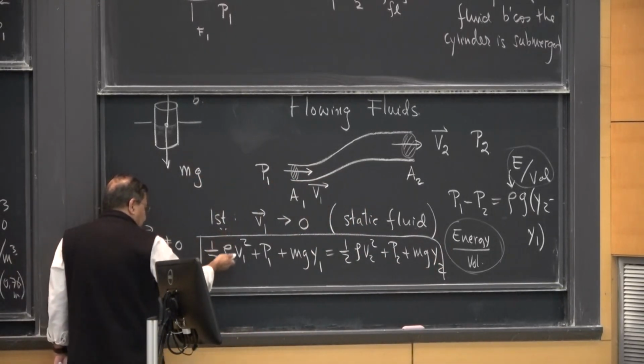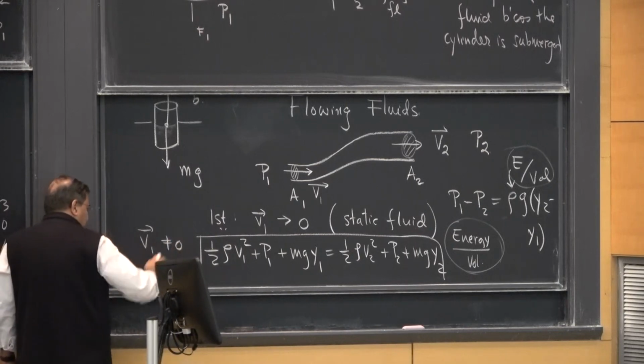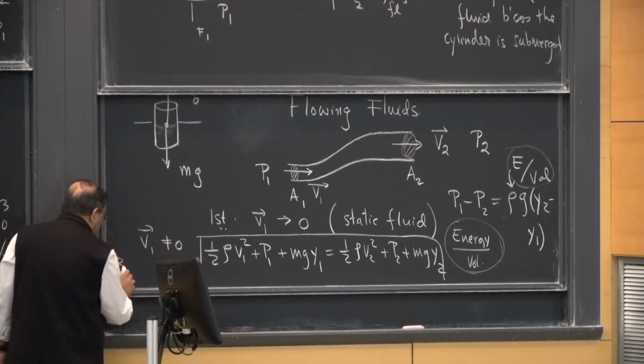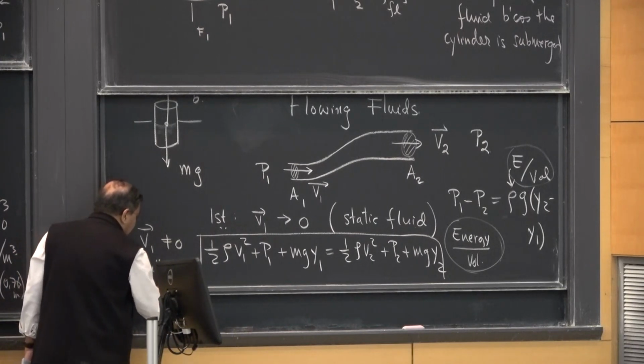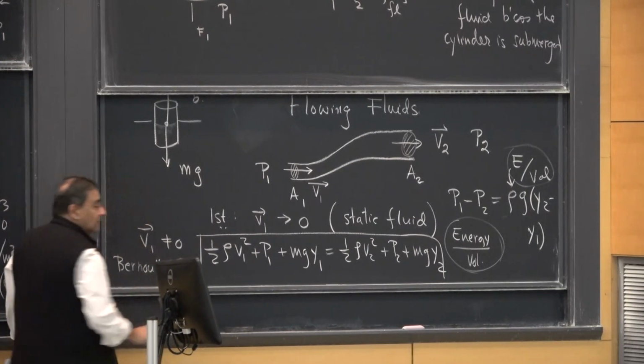This energy conservation equation, written in terms of mass density, is called Bernoulli's equation. And it is able to describe fluid flow.